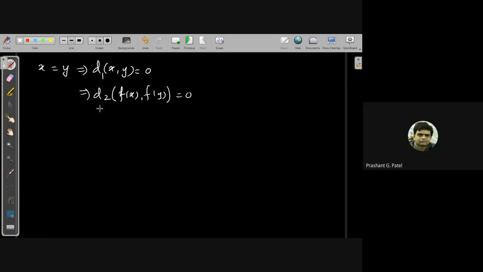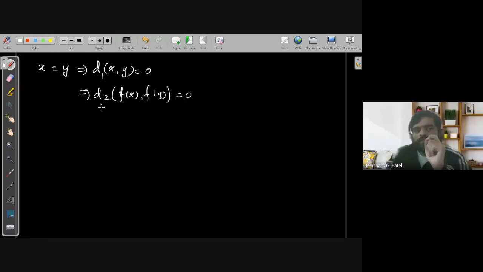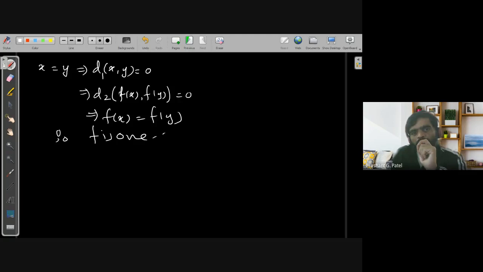So I can start with x is equal to y, which implies the distance between x and y is 0 due to the definition of a metric, and this implies the distance between fx and fy is 0 due to the definition of isometry, and so this is fx is equal to fy due to the definition of a metric. So therefore f is one-one.